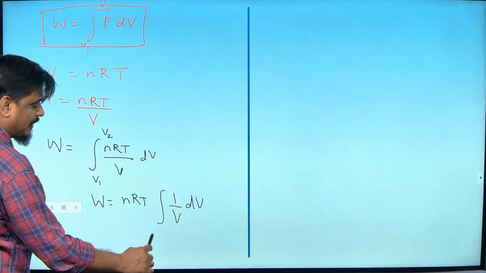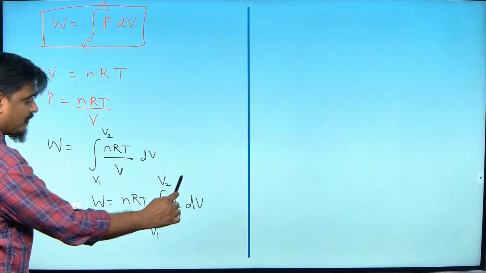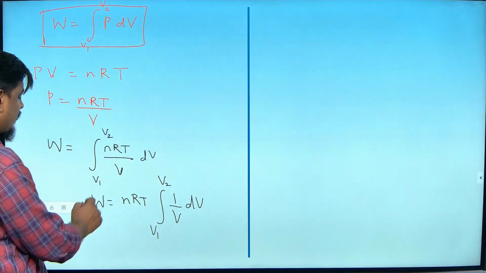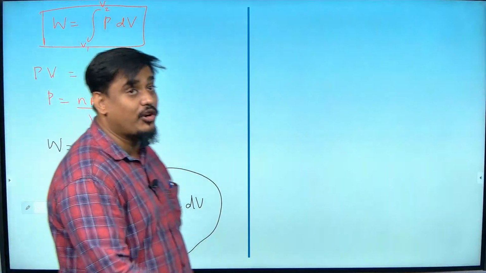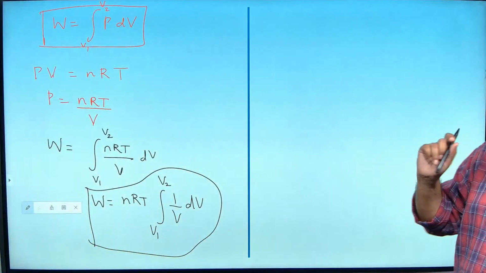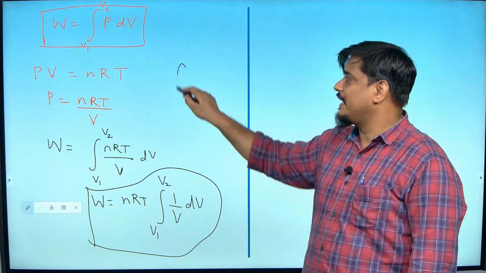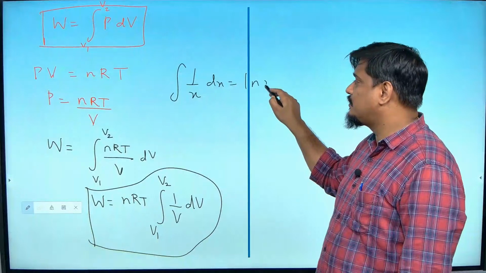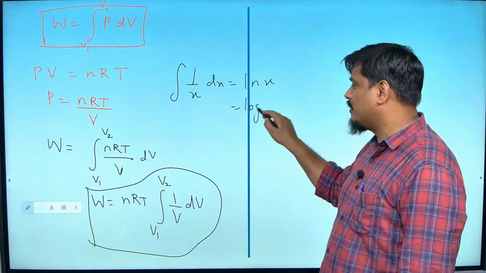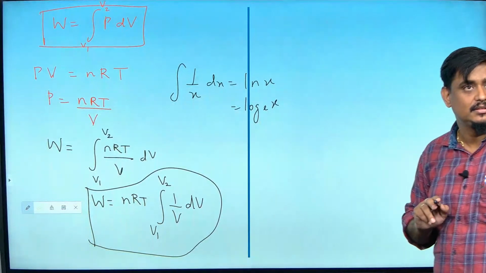What is the integration of 1 by x dx? Log x. You should not just say log. Which log? Natural log. Natural log, very important. Not log base 10, natural log. So the integration of 1 by x dx is actually ln x, or log base e, both are the same only, isn't it?